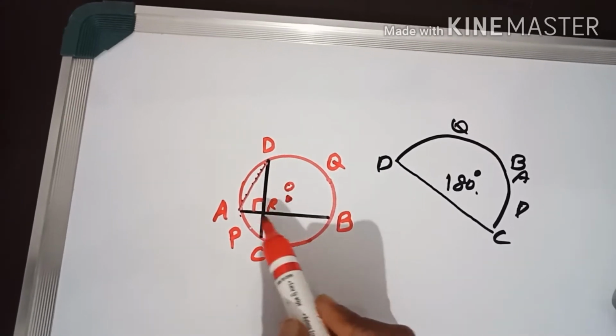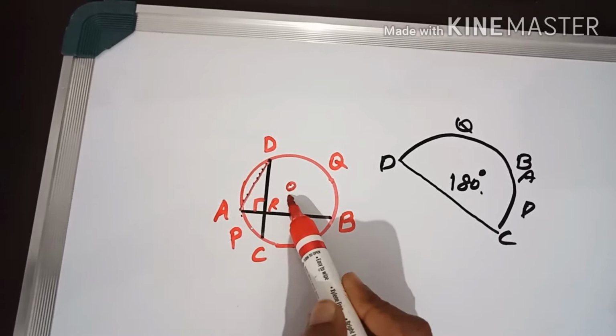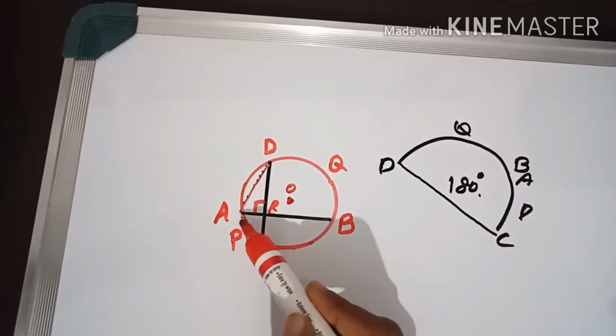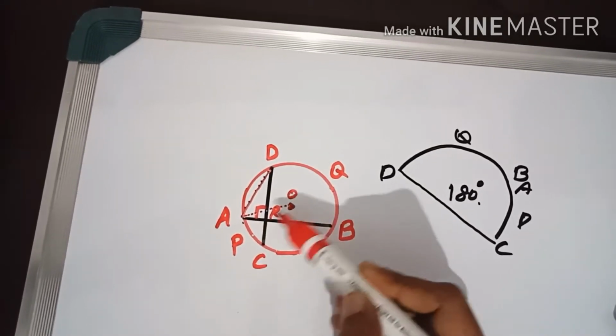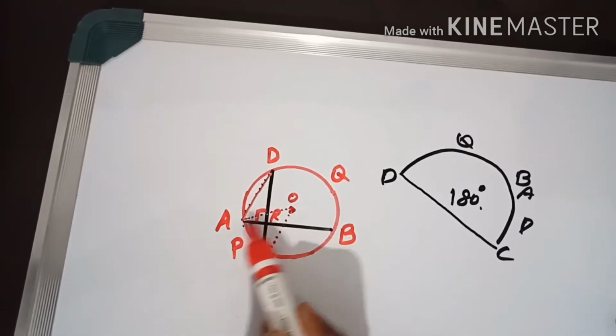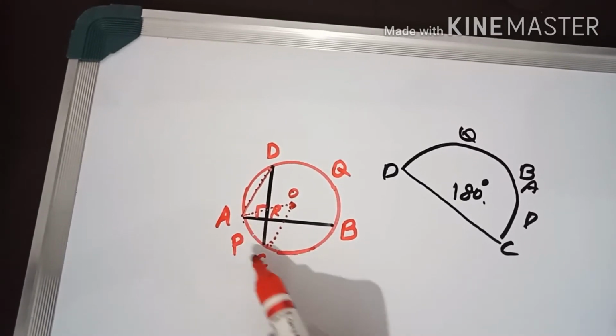Now in order to get the central angle, we need to join A and C to the center point, because A and C are the ends of the arc APC. So just join A to O and O to C like this. So this is the central angle AOC. This is the small arc APC.